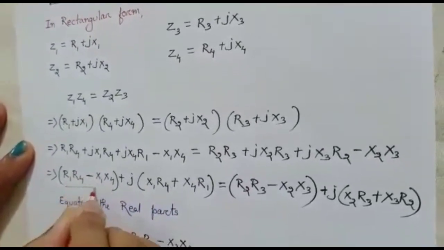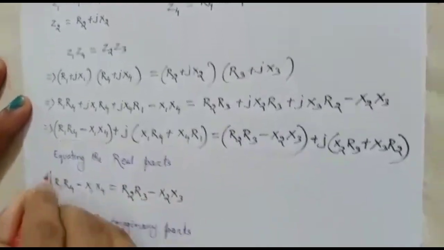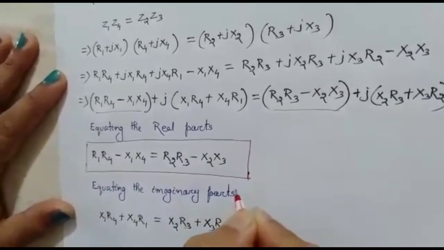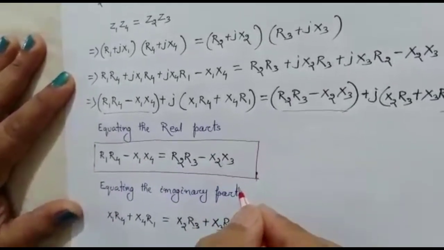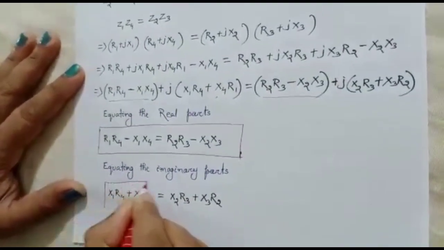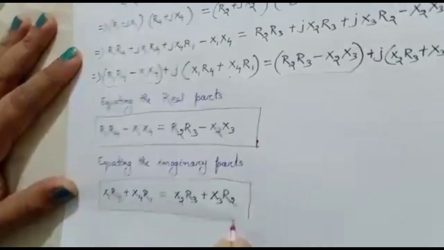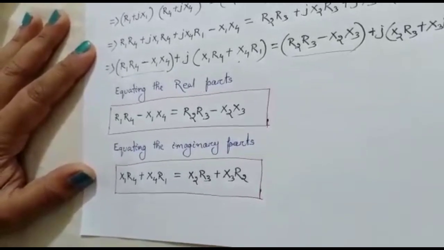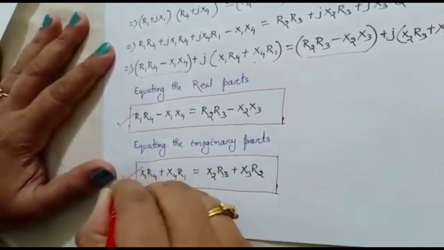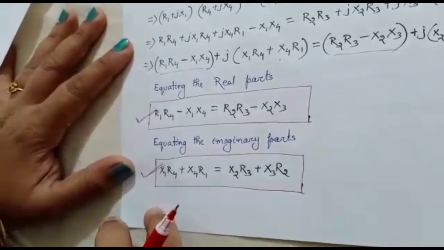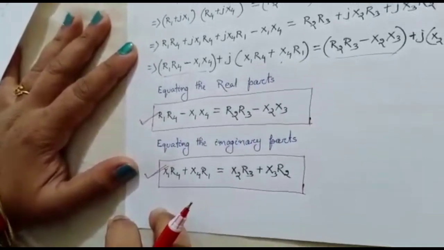Equating the real parts, we get R1 R4 minus X1 X4 is equal to R2 R3 minus X2 X3. And equating the imaginary parts, we get X1 R4 plus X4 R1 is equal to X2 R3 plus X3 R2. For rectangular form, if both these conditions are satisfied, then the bridge will be balanced. So this is the balance condition of an AC bridge.